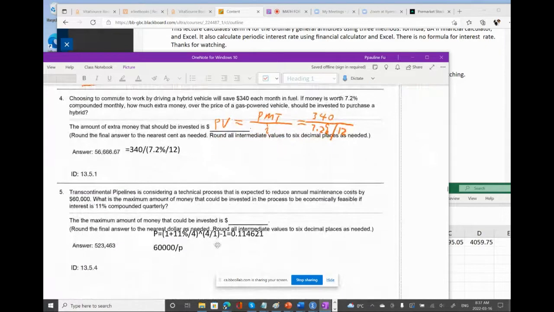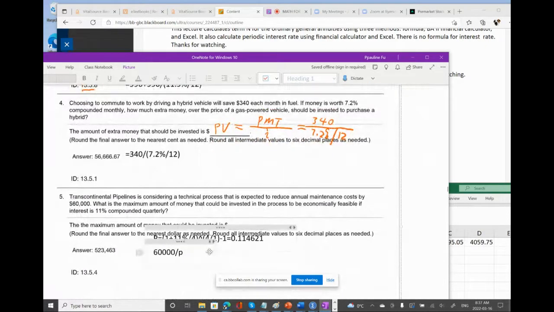Okay, question 5. Transcontinental Pipelines is considering a technical process that is expected to reduce annual maintenance cost by 60,000.